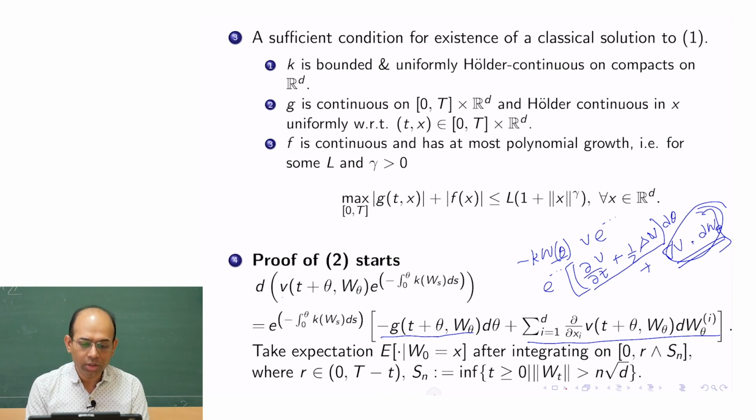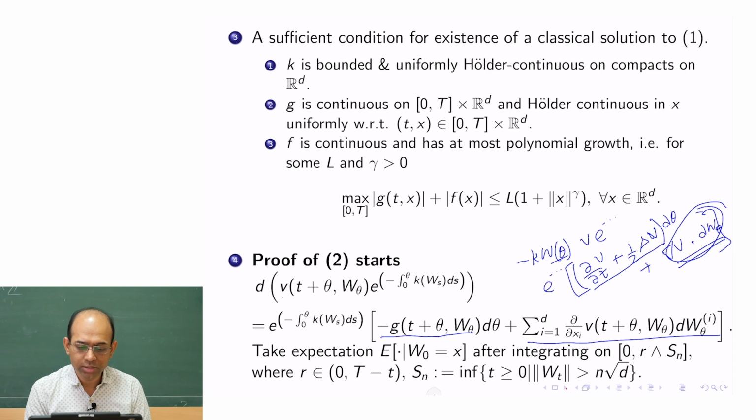Now what we are going to do is first integrate, because we have to get rid of this differential term, and after integrating from 0 to r minimum Sn, where I will define what r and Sn are, we are going to take expectation. Here we mention the range of theta over which I am integrating.